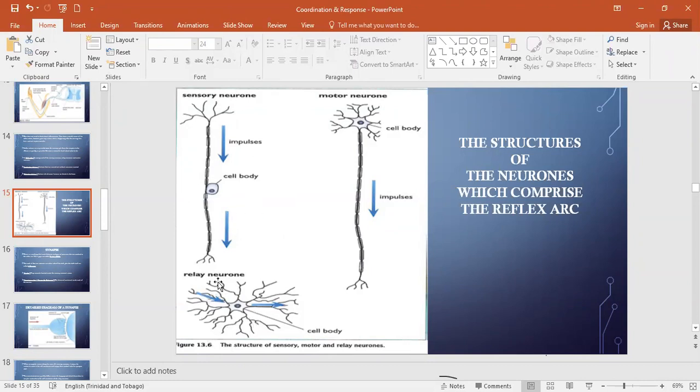This is how a relay neuron looks. Notice the amount of dendrites all over because it is relaying the information. And this is how a motor neuron looks.